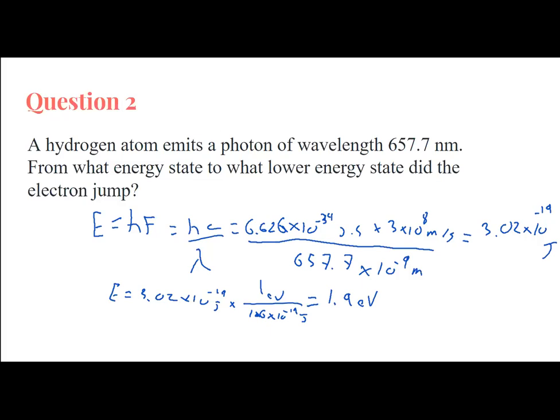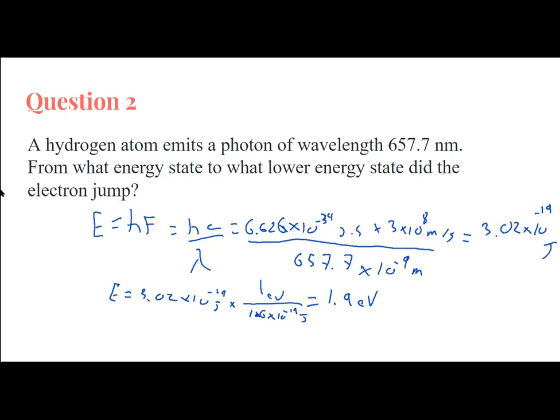So a photon with an energy of about 1.9 electron volts was emitted. And again, only discrete energies can be emitted because energy levels only have discrete energy values.